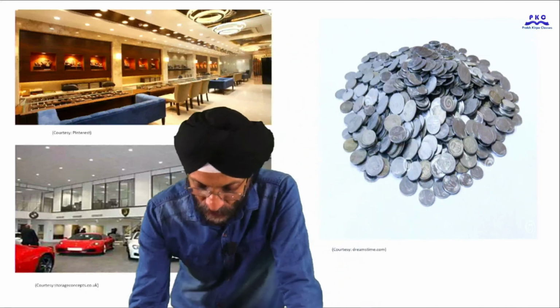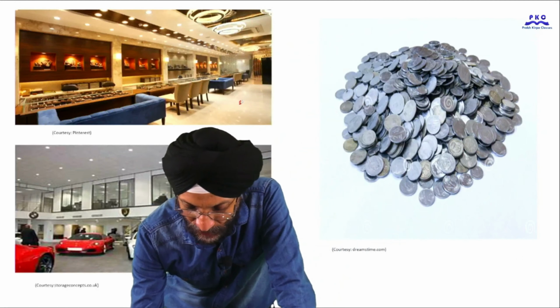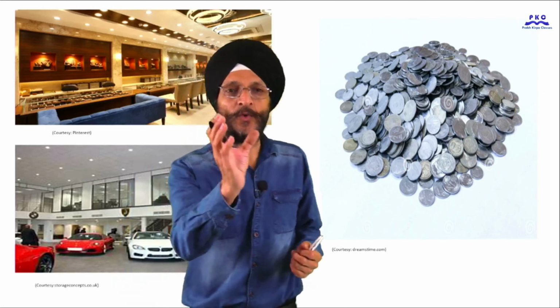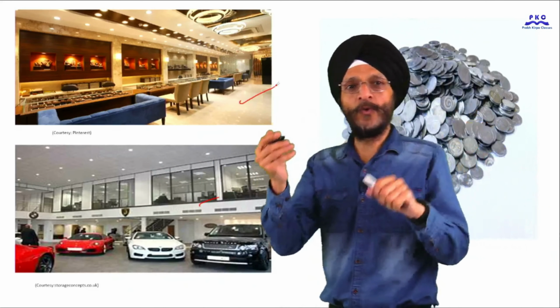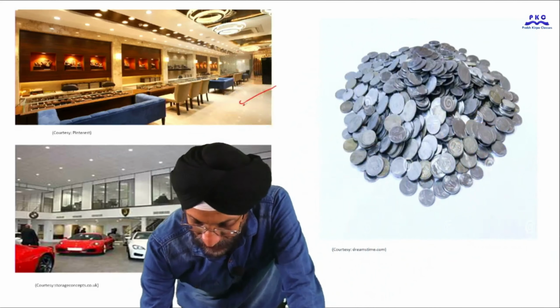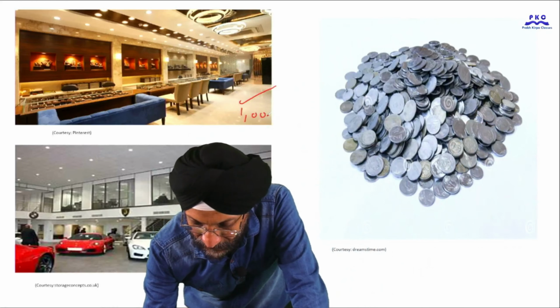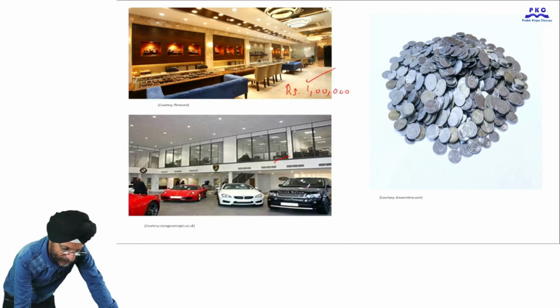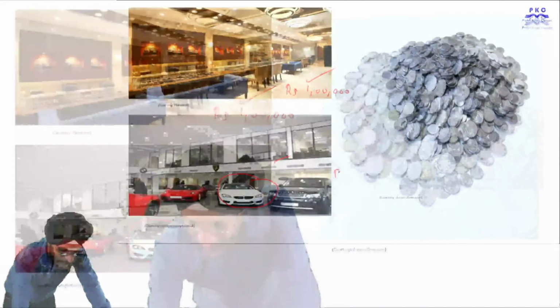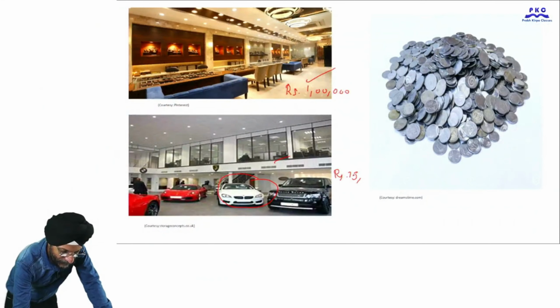Suppose you visit the jewelry showroom to buy some jewelry and suppose you purchase jewelry worth rupees 1 lakh, or you purchase a particular model of car, say for rupees 15 lakhs.